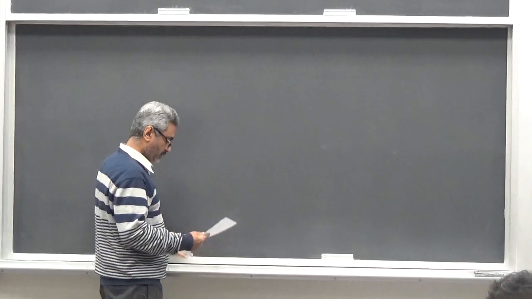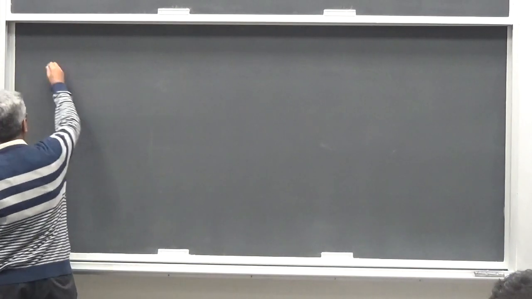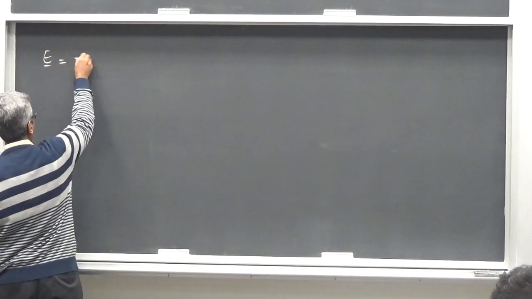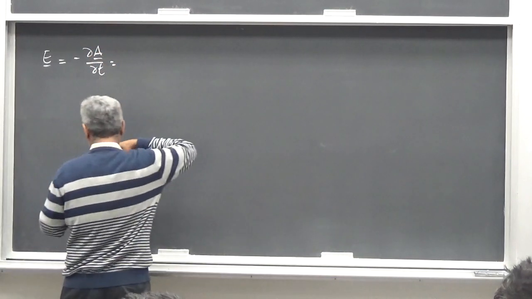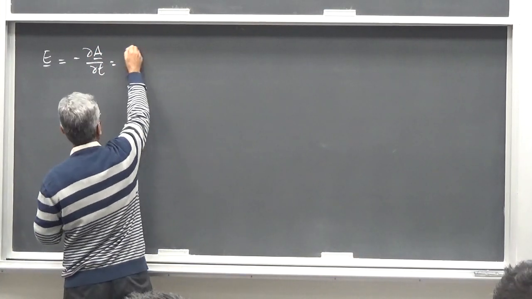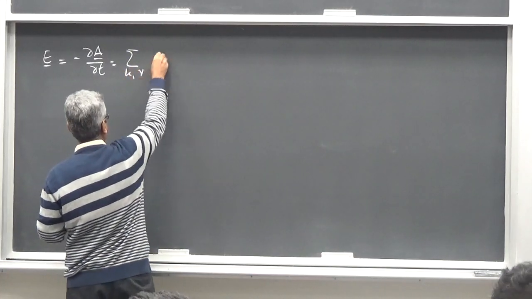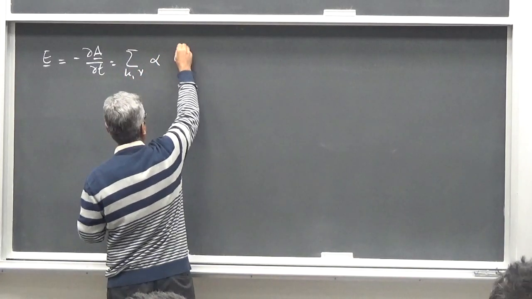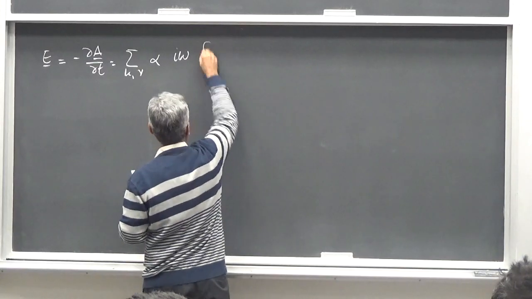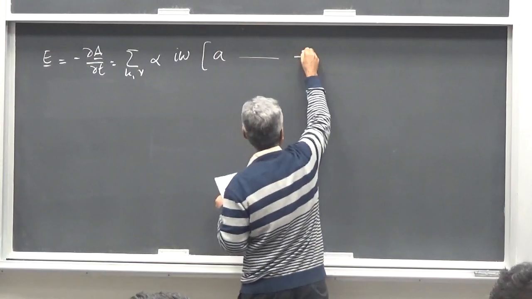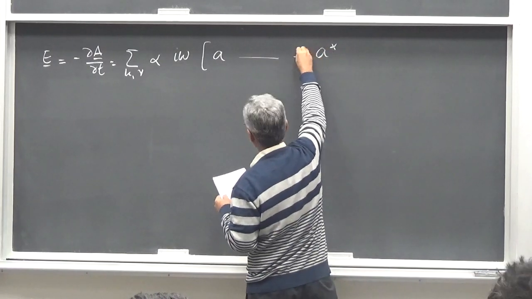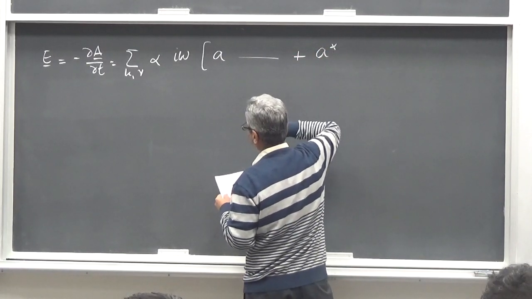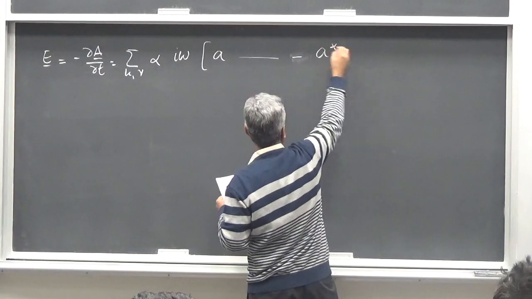But on the other hand, you still have this to contend with, which is minus partial A over partial B. And let me just write it down quickly. So K R alpha I omega A with the whole thing minus A star, no, sorry, plus, minus.